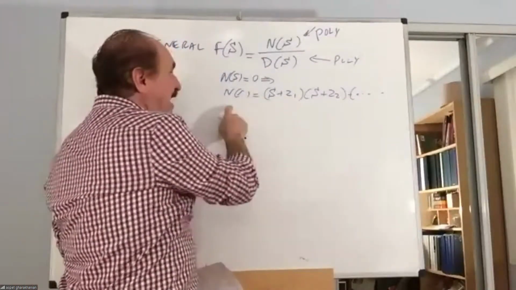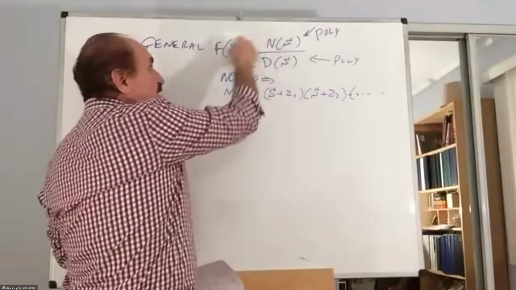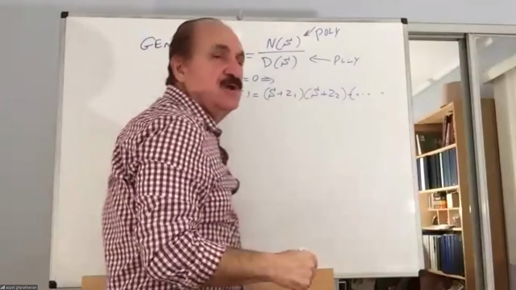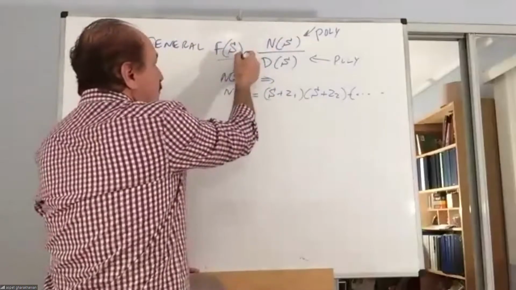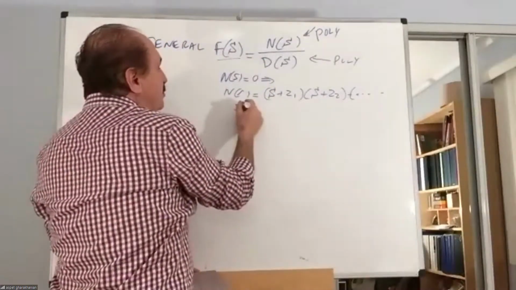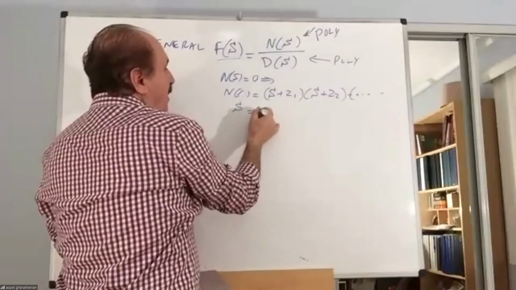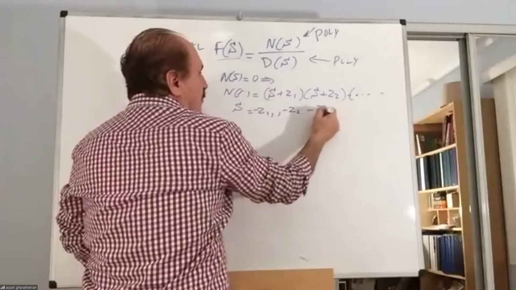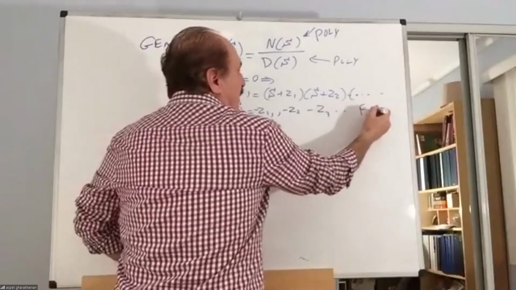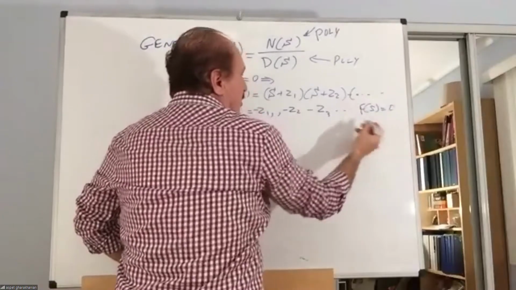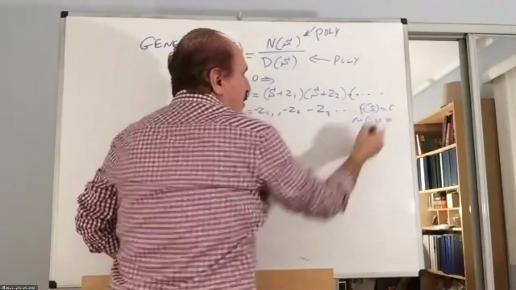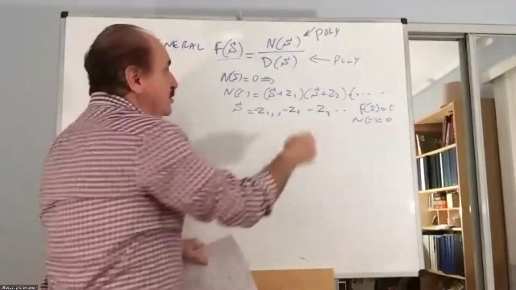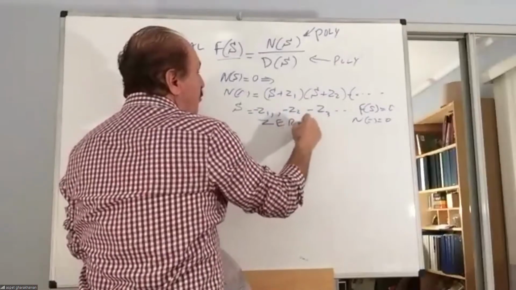The values of s that make the function 0, therefore making the numerator equal to 0, are called the zeros of the function. So for s equal to minus z1, minus z2, minus z3, etc., F of s is equal to 0 because N of s is equal to 0. So values of s that make the function 0 are called the zeros.